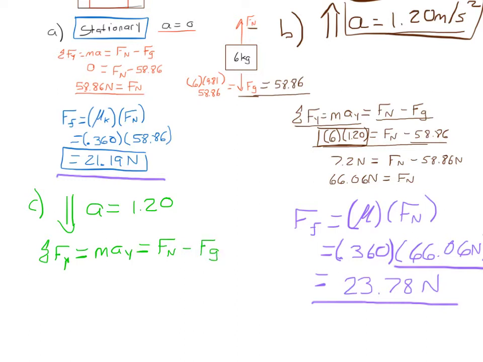So we're going to have 6 times negative 1.20, and that's going to equal our normal force minus the same force of gravity we've always had, 58.86, because that never changes.